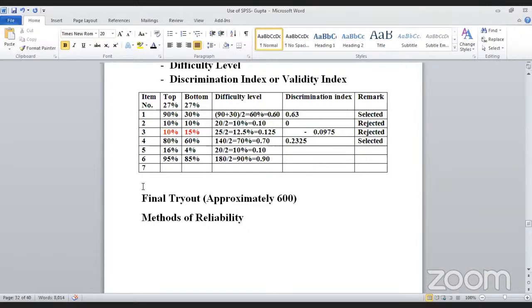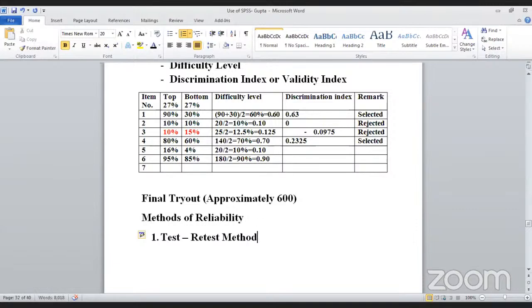And now you are ready for establishing the reliability. Now there are different methods of establishing the reliability. One of the methods is called the retest method. I need not explain it to you.